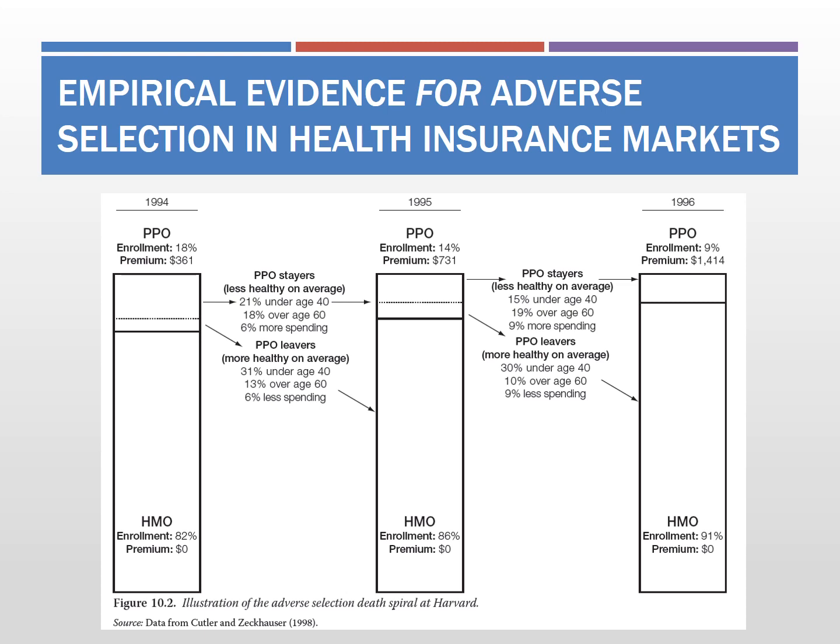On the other hand, in the next year, the premium for the PPO plan rose again because of the budget cut. Now the difference between the PPO plan and the HMO plan was $1,414. The PPO stayers in 1996 were again much older than the PPO leavers.